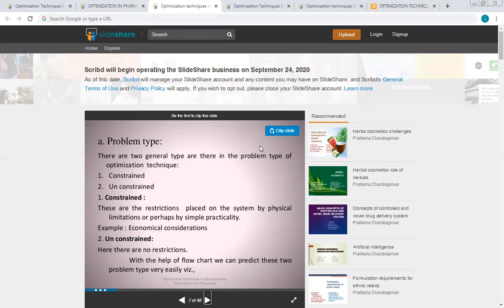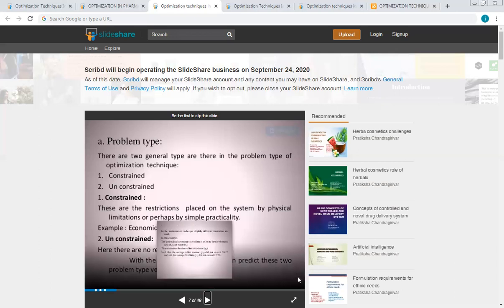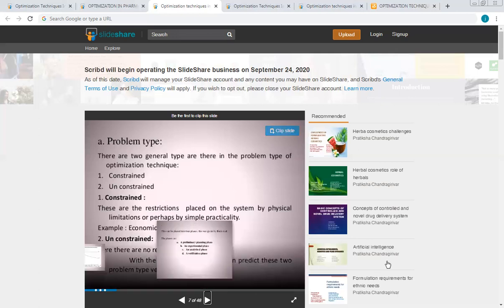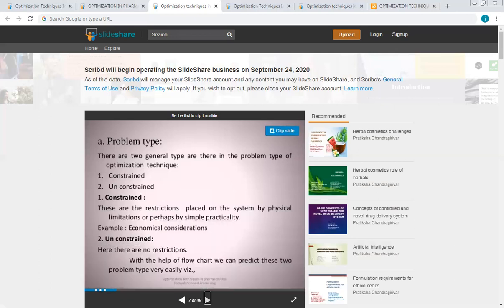An example is economic considerations. Unconstrained means here there are no restrictions. With the help of a flowchart, we can predict these two problem types very easily.